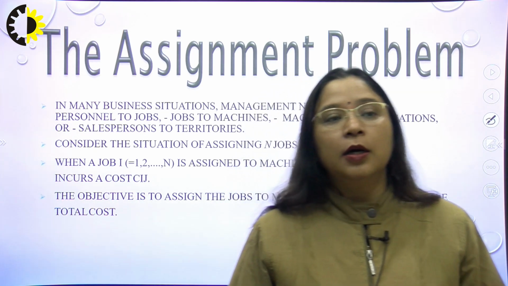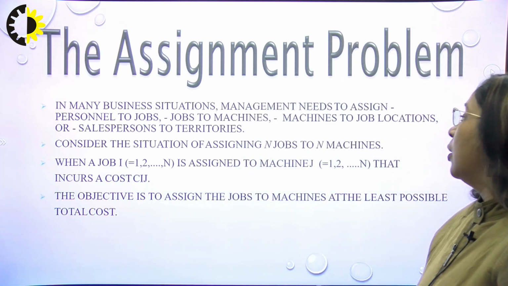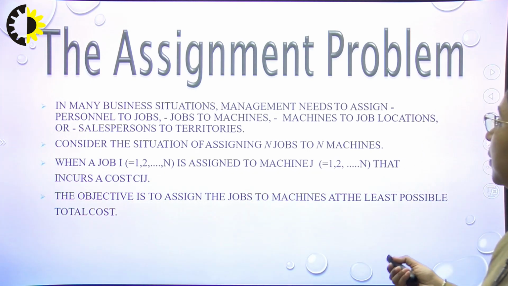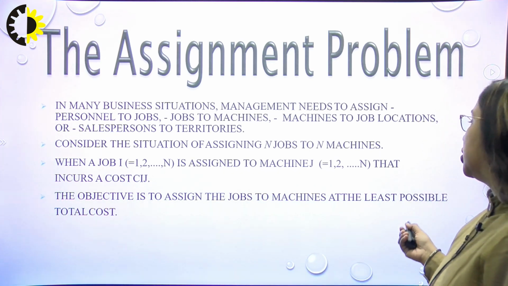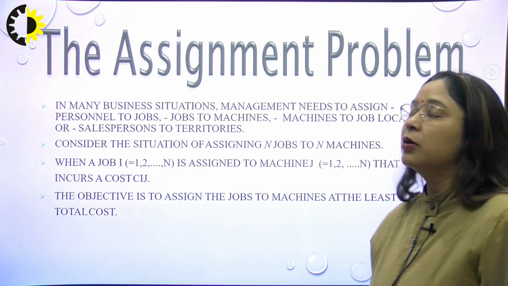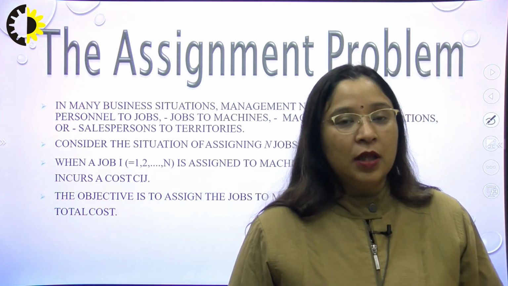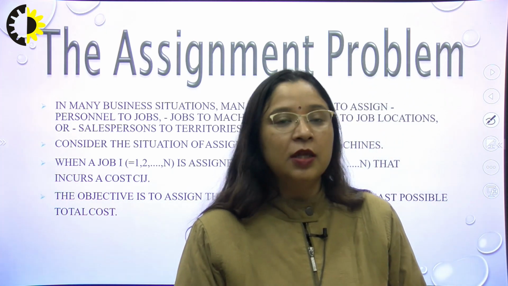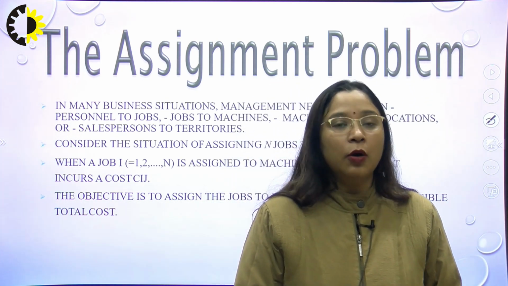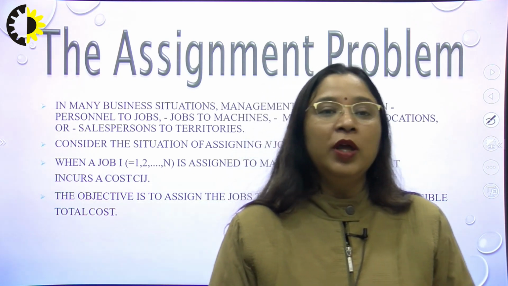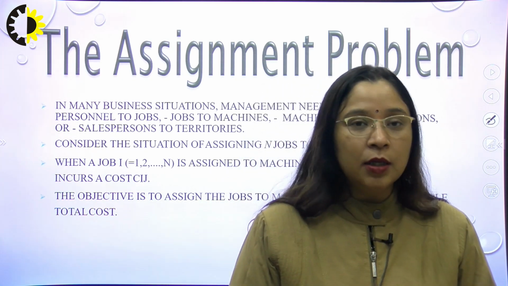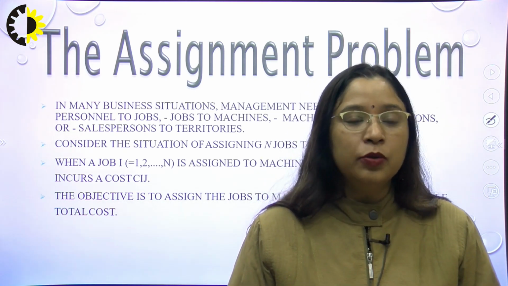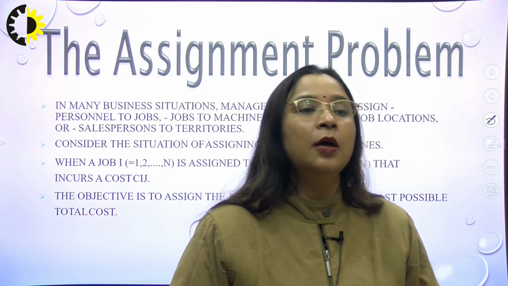Consider a situation of assigning n jobs to n machines. When job i is assigned to machine j, that incurs a cost Cij. For example, a salesman is assigned to a particular territory. That means he has to go over there, so a cost is involved in it. So we have to find a scheduling of that person so that the cost incurred is the minimum.